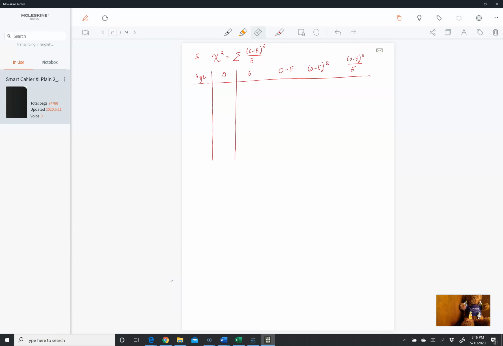So we have 0 to 9, 10 to 19, 20 to 29, these were our categories, 30 to 39, 40 to 49, 50 to 59, 60 to 69, and 70 plus.